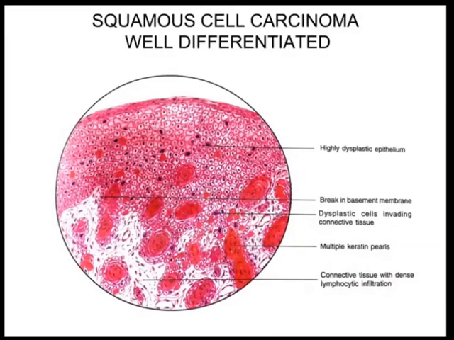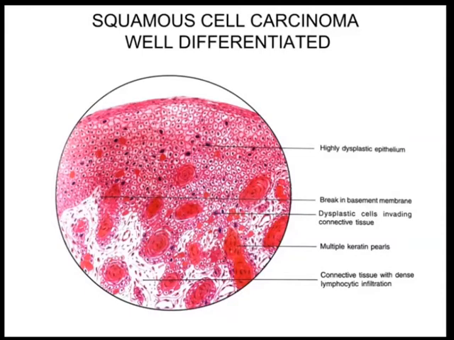In the histopathological pic, you can see what I explained before under epithelial dysplasia. The dysplastic features are seen, and the epithelium is highly dysplastic, and there will be a break in the basement membrane, that is discontinuity of the basement membrane, leading to invasion of the epithelial cells into the connective tissue. So you can see the dysplastic cells over there and the multiple keratin formations in the connective tissue.